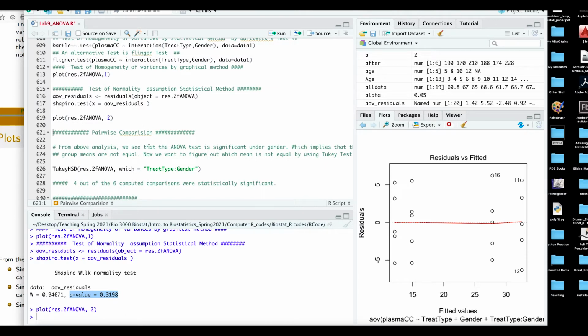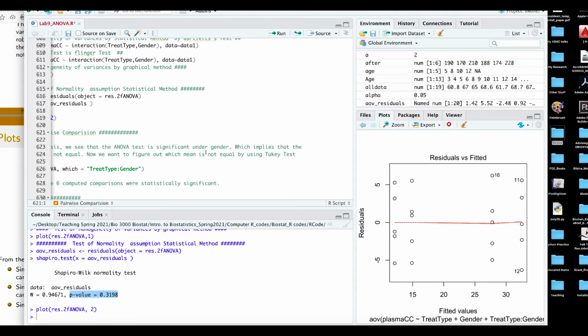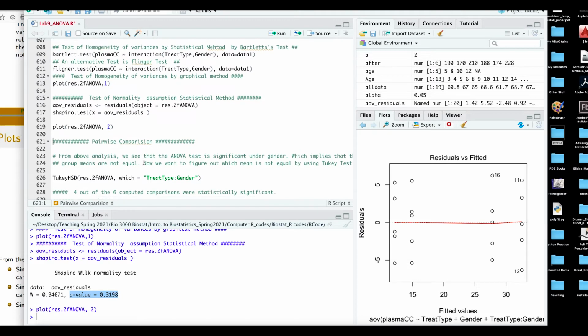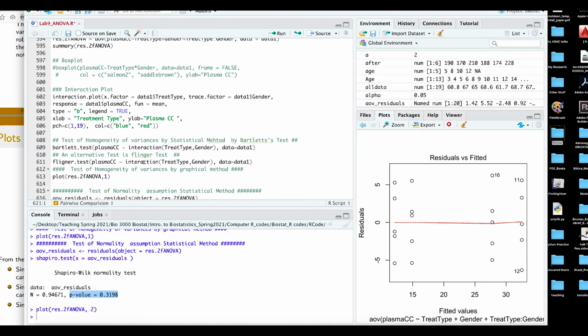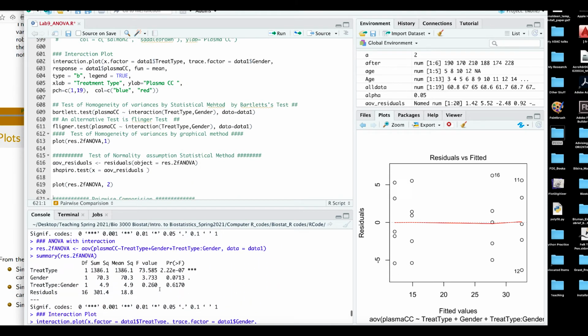From the above analysis, we see that the ANOVA test is significant under gender, which implies that the group means are not equal. That is not true, right? Because male and female did not have unequal means, so gender is not significant, but the treatment type is significant.